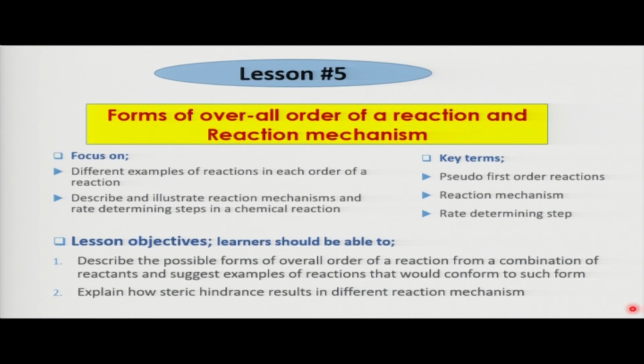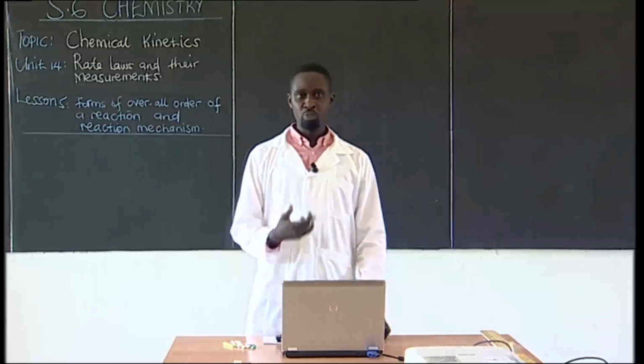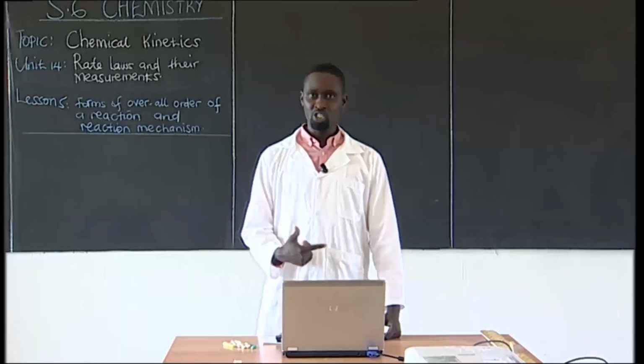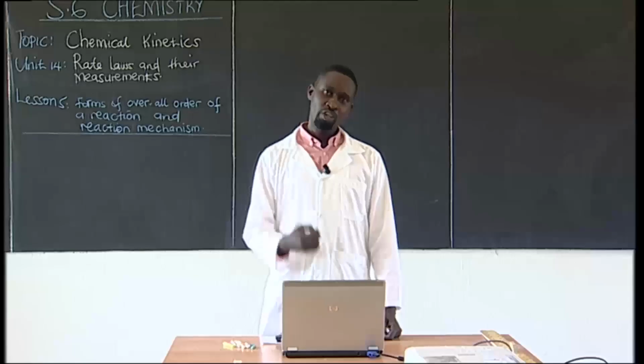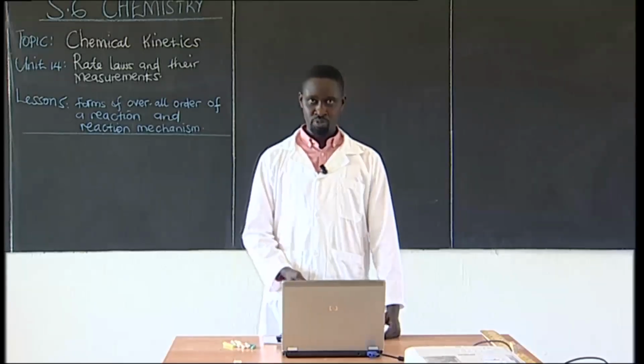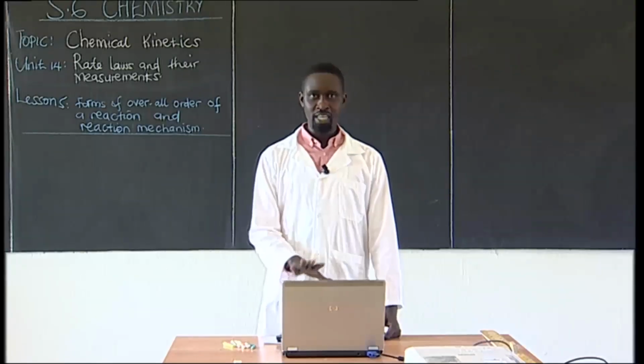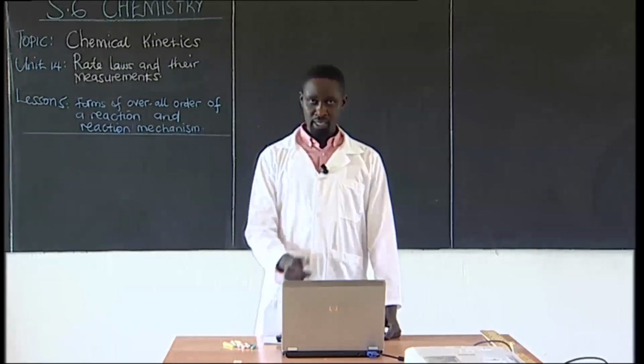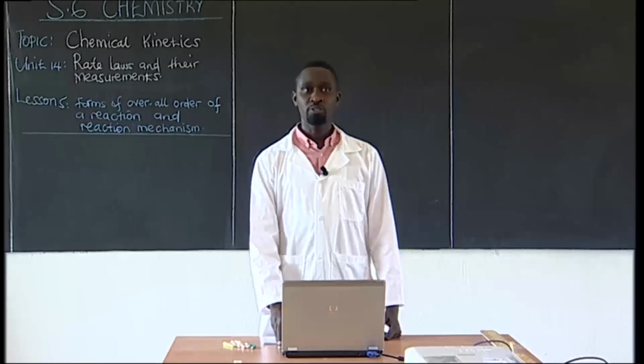Of course, basing on the knowledge that we shall have covered, I'm pretty sure you'll be competent enough to suggest a few examples. Then we explain steric hindrance and how it actually comes in to bring in a different reaction mechanism. Those are the specific objectives I want you to pick by the end of this lesson.